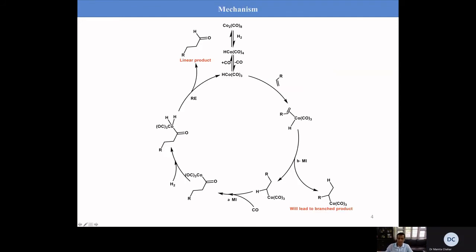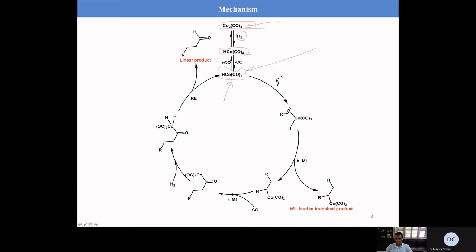The mechanism right away. This is a cobalt carbonyl complex. We see cobalt carbonyl complexes, Co2(CO)8, HCo(CO)4 and HCo(CO)3. What is happening here? You add hydrogen to a cobalt carbonyl complex, you form a hydrido-cobalt carbonyl complex, and from there one CO goes out and you form a very reactive intermediate, HCo(CO)3.